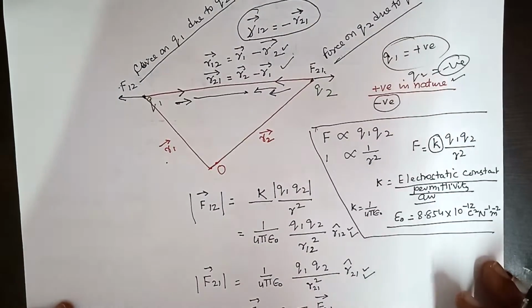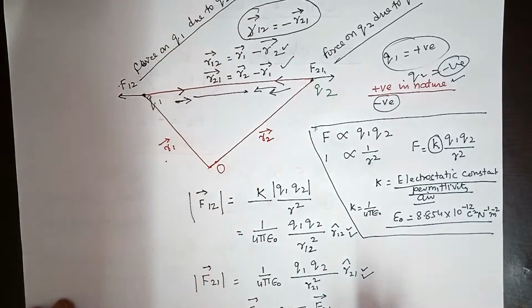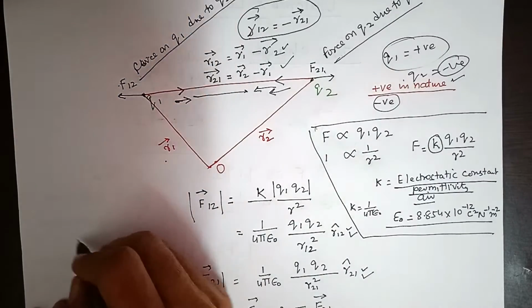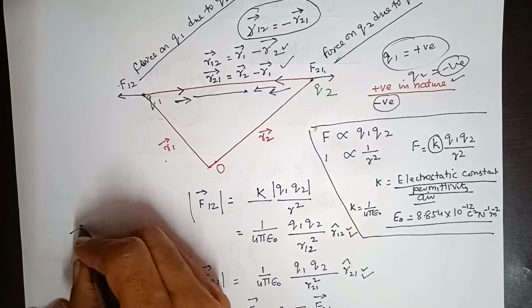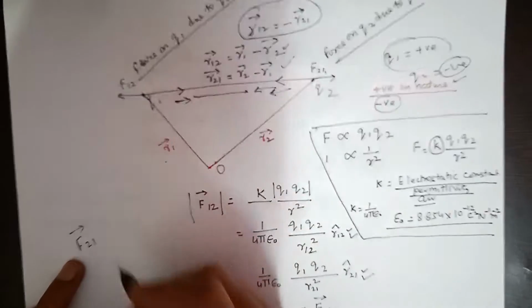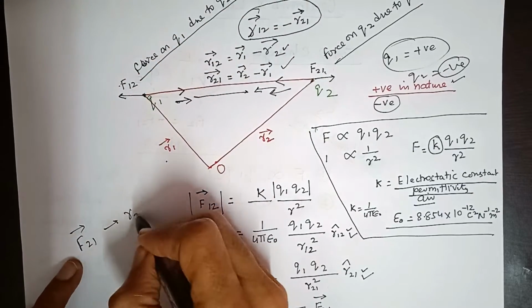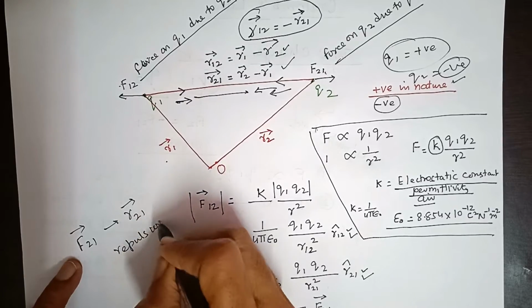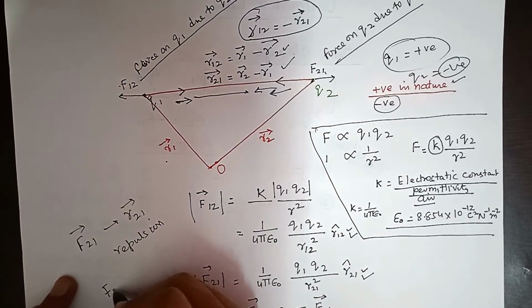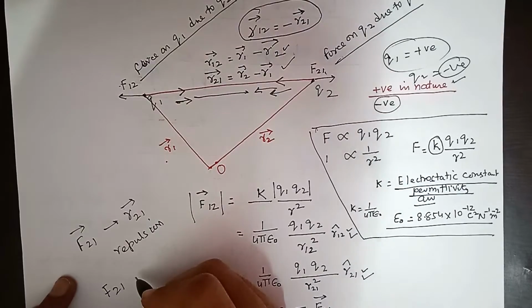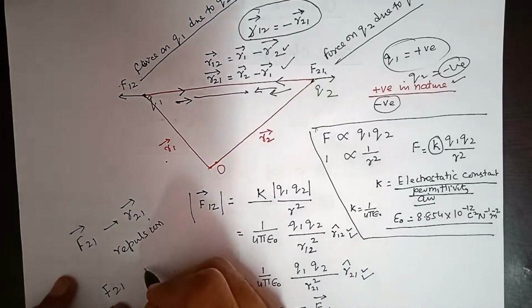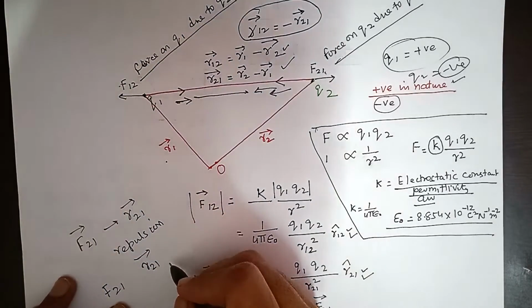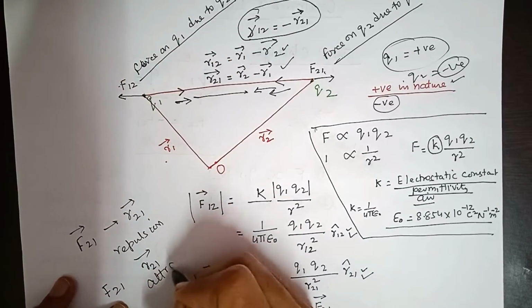And we have seen that if force F21 is along R21, then this will be repulsion, and if F21 is opposite to R21, then there will be attraction.